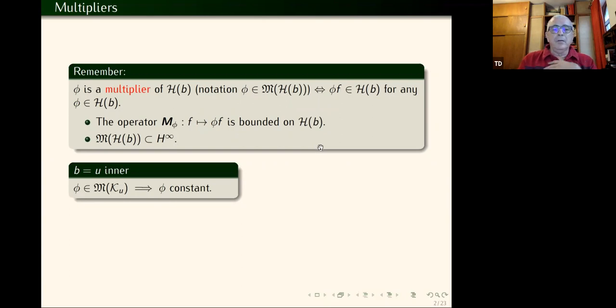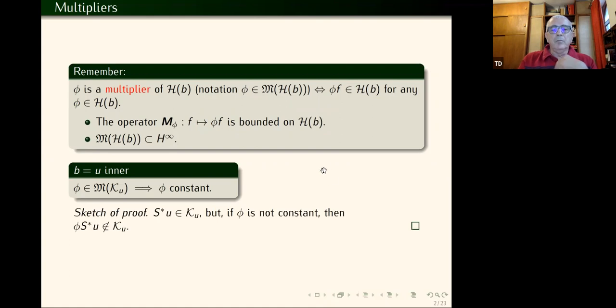Now, in the case B is an inner function, in the case of model spaces, there are basically no multipliers, just the trivial ones. And the sketch of the proof, the reason, is that you can show a vector, namely S star u, that is in K_u.